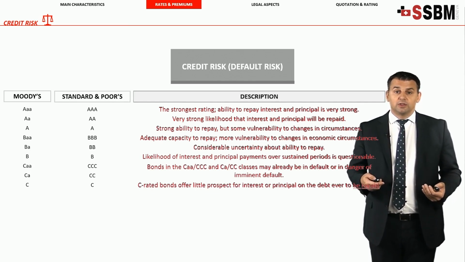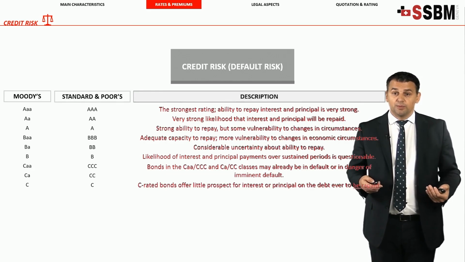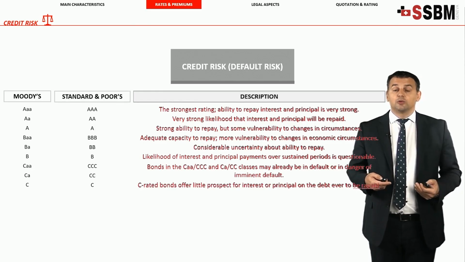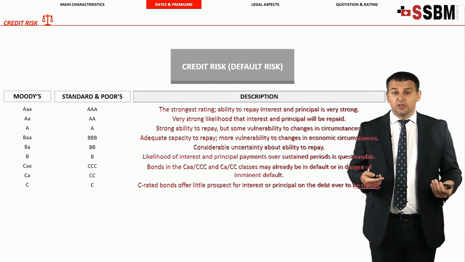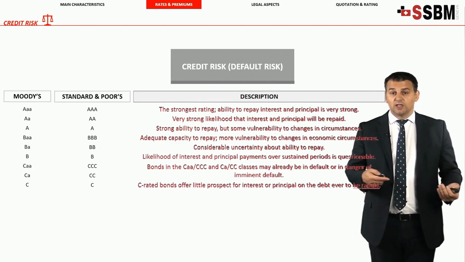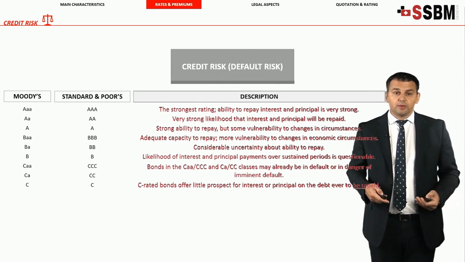So this is for bonds which offer little prospect for interest or principal on the debts ever to be repaid. So it exists, but the interest rate or coupon rate is quite high because it reflects the risk of the country or of the company.